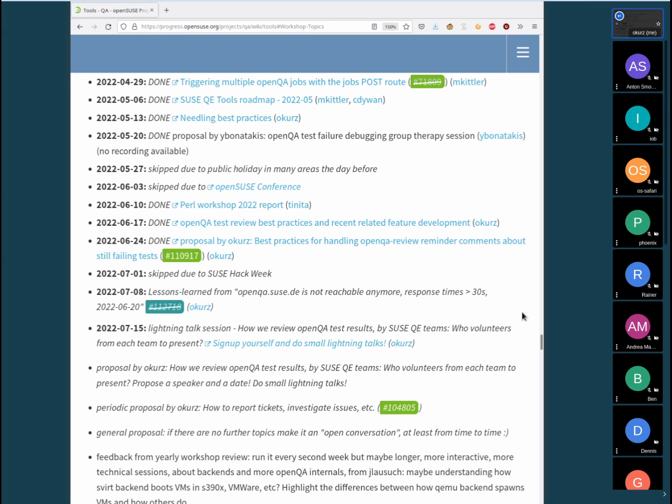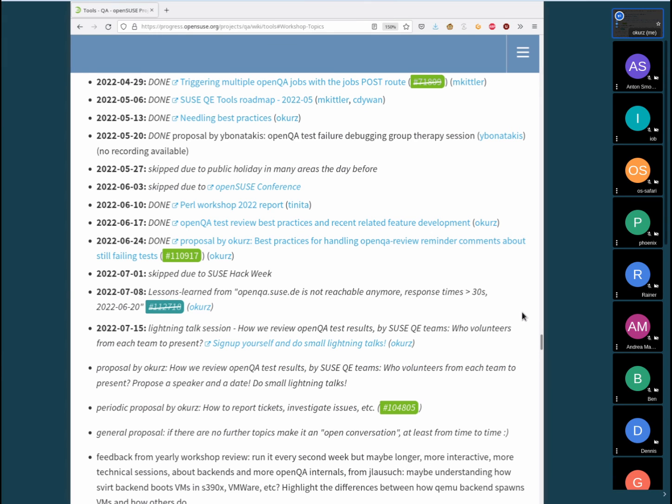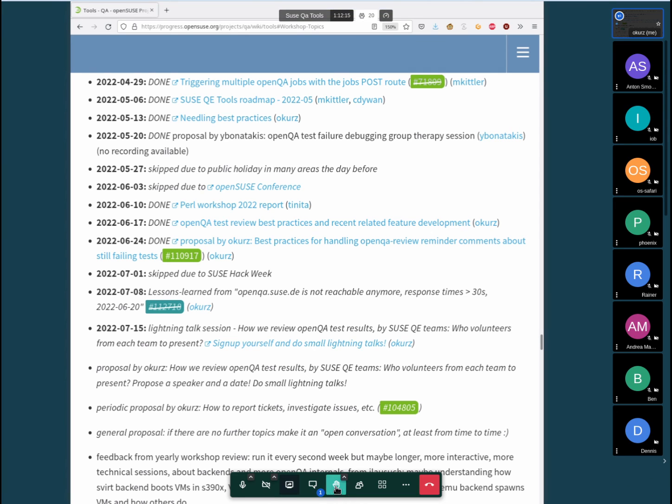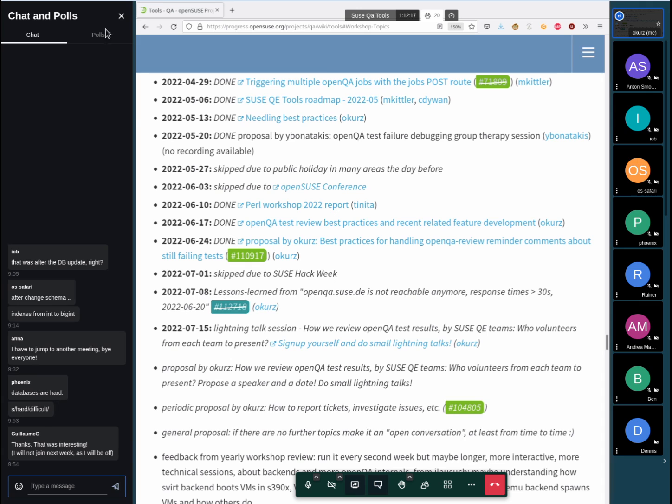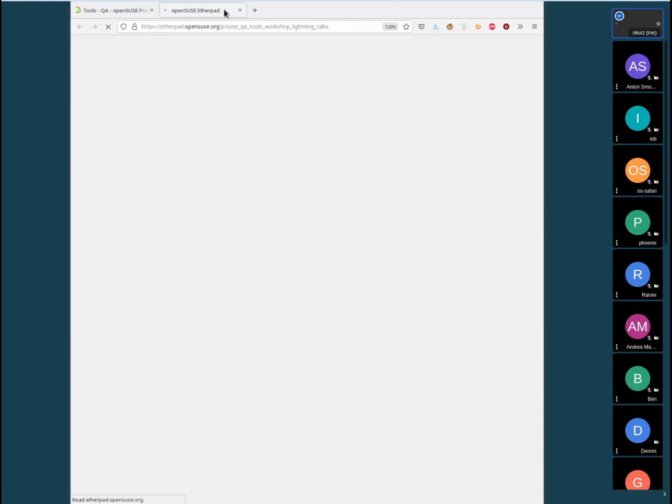Show some screenshots of weird job failures, share your screen and walk us through how you review test results. Tell us about things that work, tell us about things that don't work, remind us about the external tools or scripts that you use, remind us about the workflow descriptions and such. So really looking forward to your contributions there.